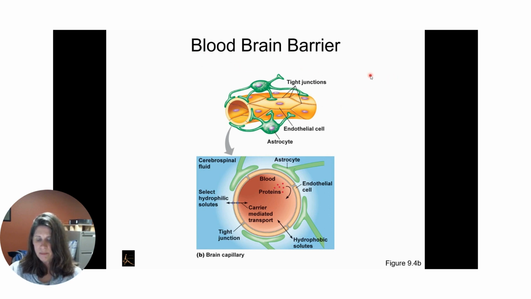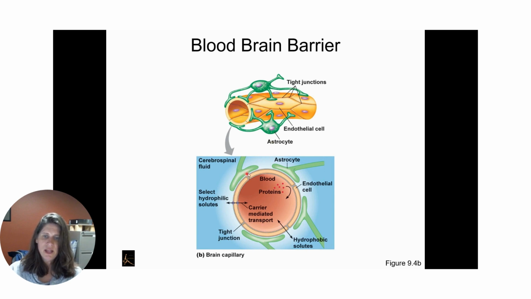So again, we have the blood-brain barrier here. And basically, our astrocytes help to form that. What you're seeing here in the yellow is an example of a capillary in the brain, and here's a cross section of the capillary.